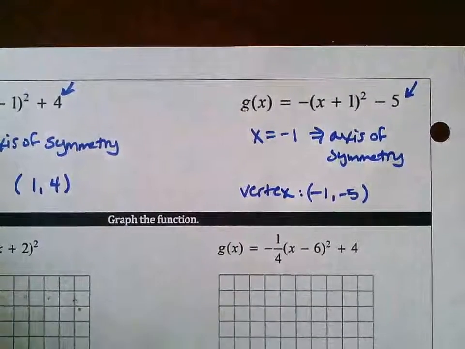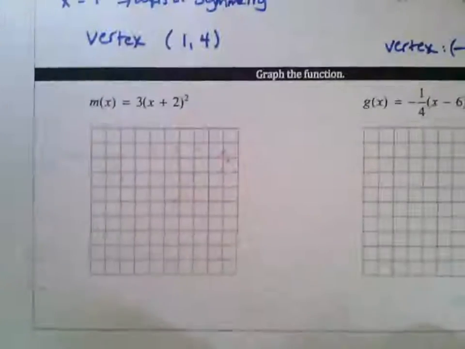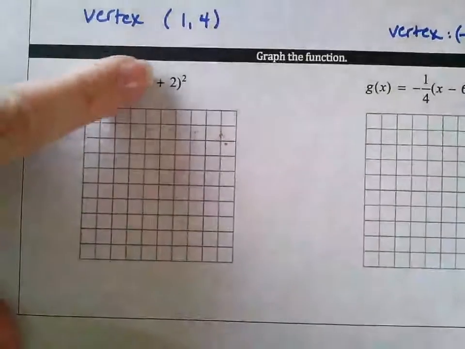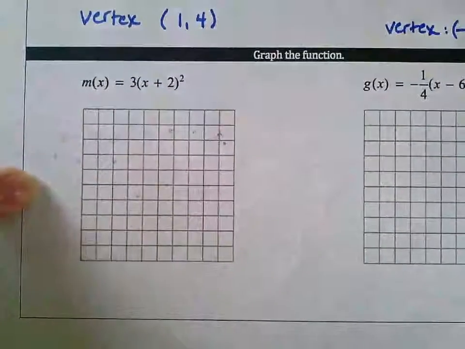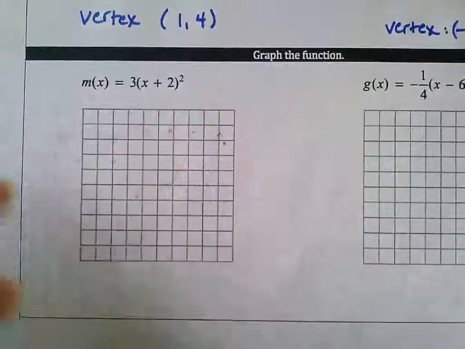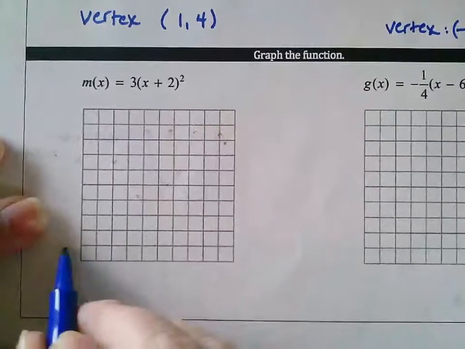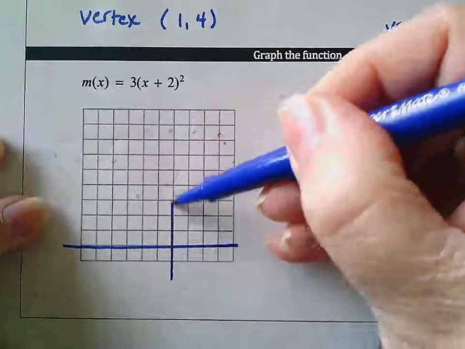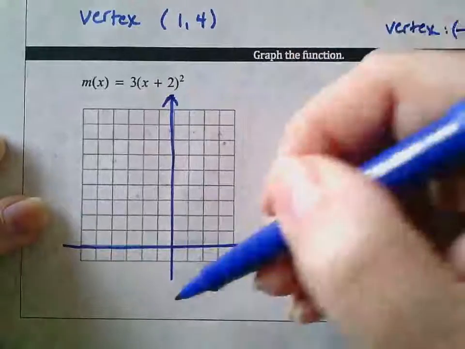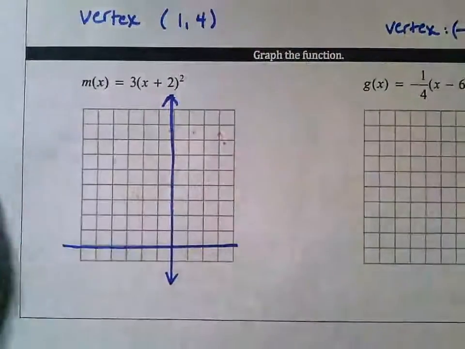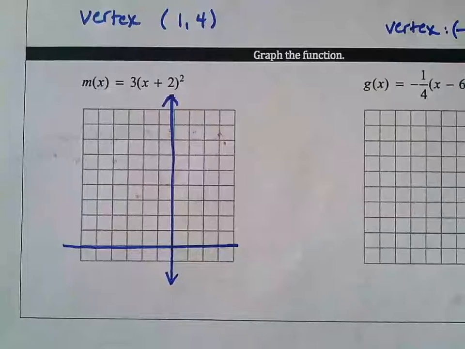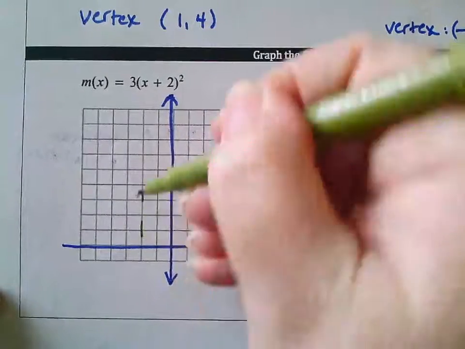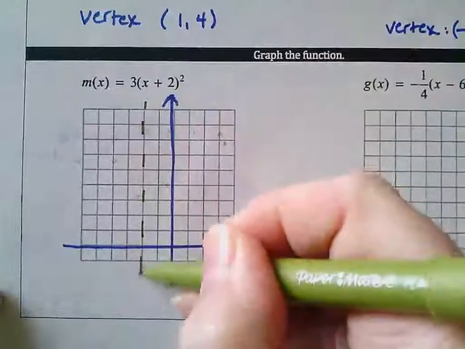If you're looking at these two graphs down here, this is a shorter lesson if you can't tell. Yay, shorter lesson. All this is doing is moving to the left 2 units. So that's what we're going to do, move it to the left. When I actually make my graph here, I'm going to make it right about here, because my axis of symmetry is going to go through the -2 here.